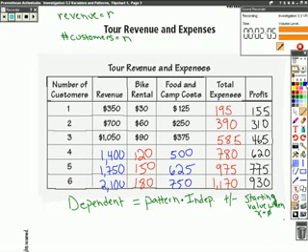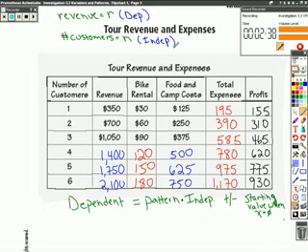When I look at this situation, does the number of customers determine how much income I make, or does the income I make determine how many customers show up? As you can see, it's the first situation. So revenue is my dependent variable, and number of customers is my independent variable.